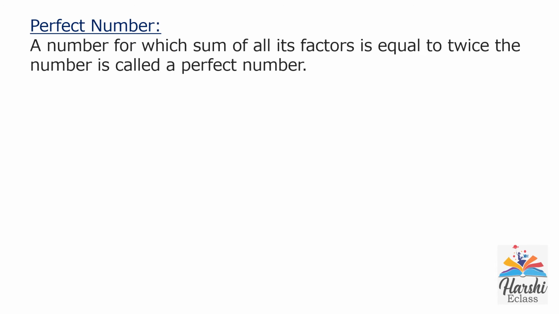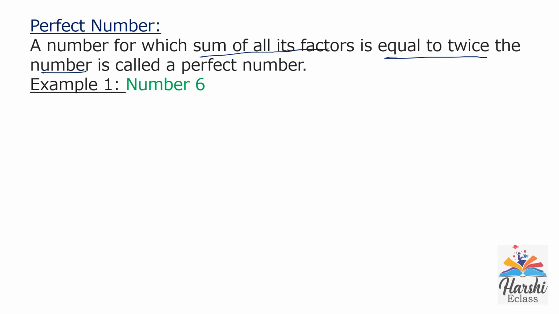Perfect number. A number for which the sum of all its factors is equal to twice the number is called a perfect number. For example, number 6.